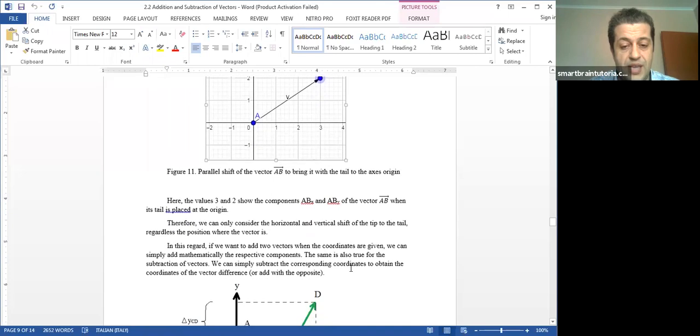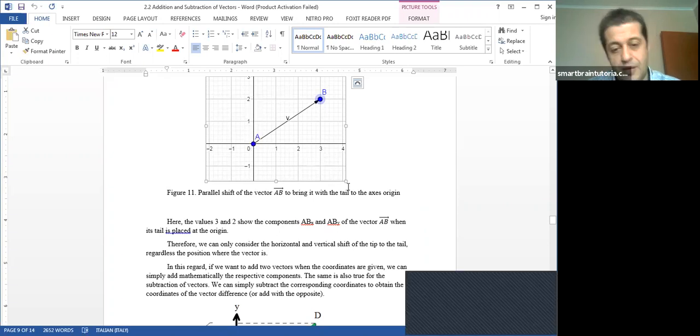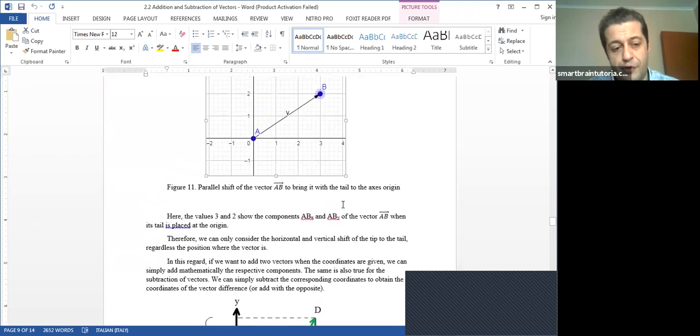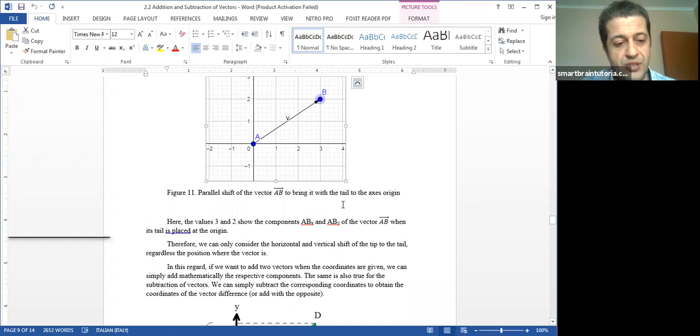I was saying that these 2 shifts represent the AB according to x, this one, and this one represents AB according to y. And they are very helpful if you don't see the vector. But if anybody says to you, can you draw the vector 5, 4 or the vector 3, 2?